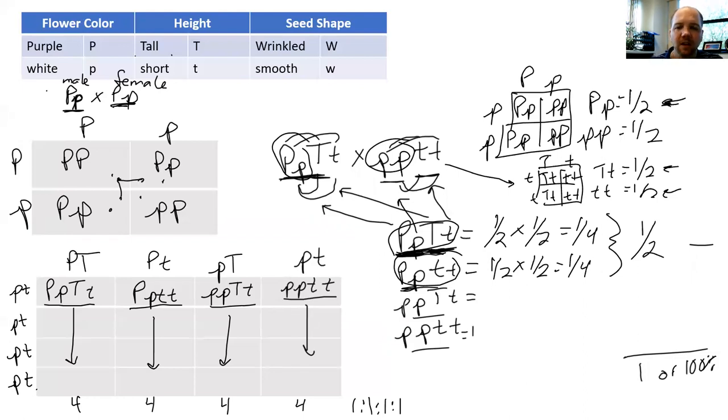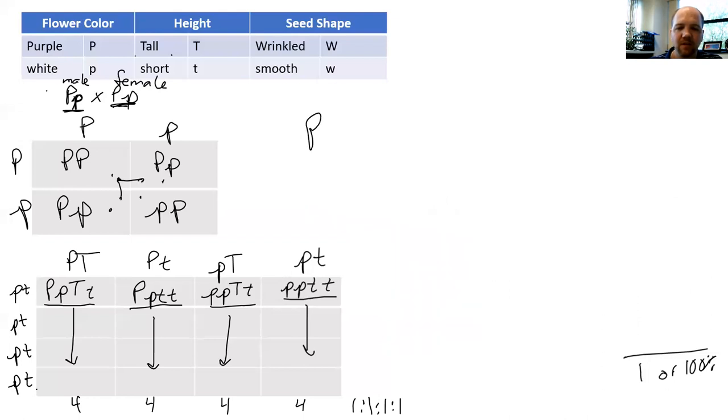Okay, so let's now do the situation where we have 2 parents that are heterozygous for both traits. And now we want to say, okay, what are the different probabilities of the offspring that we're going to get from this cross?